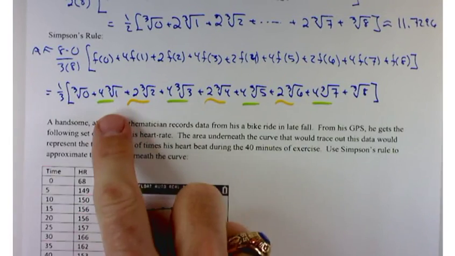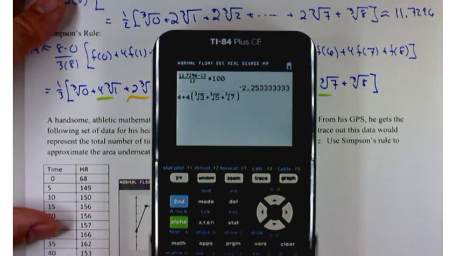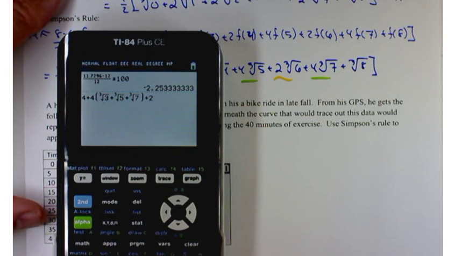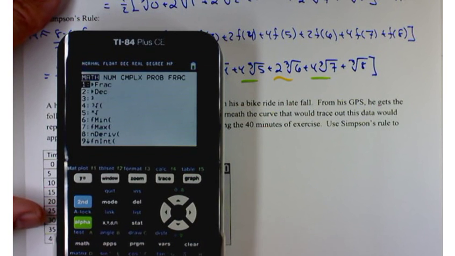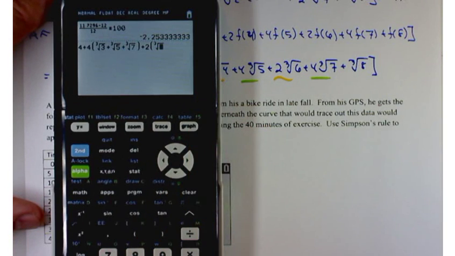And then I'm going to multiply those by 4. Let's also total up the even cube roots. I need to multiply those by 2. So it's going to be 2 on the outside, 2 parentheses, the cube root of 2, the cube root of 4, and the cube root of 6.